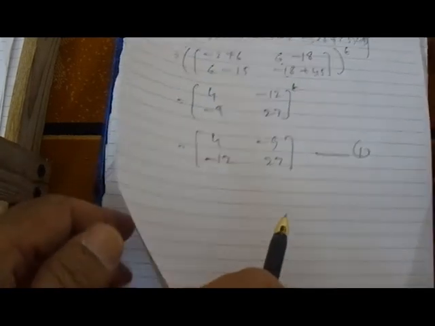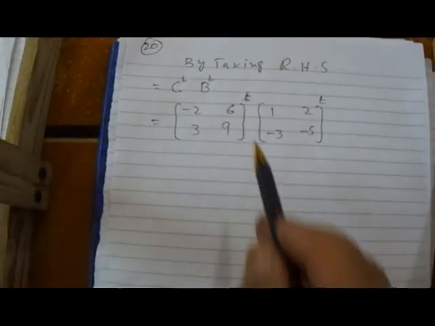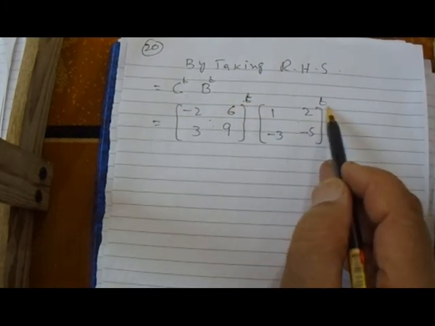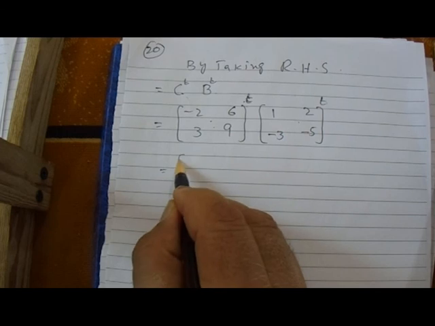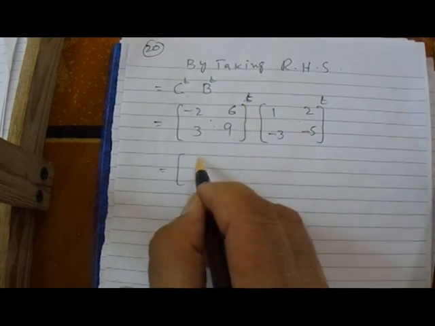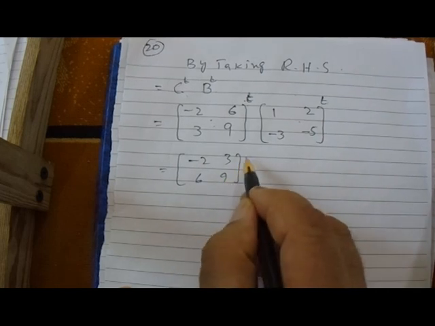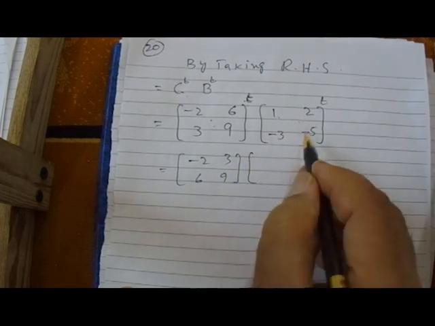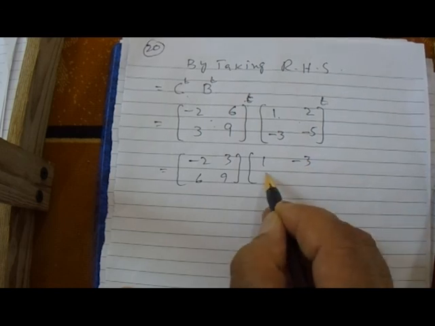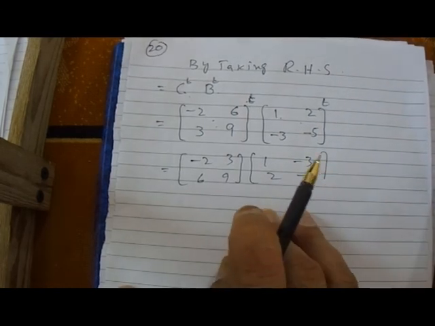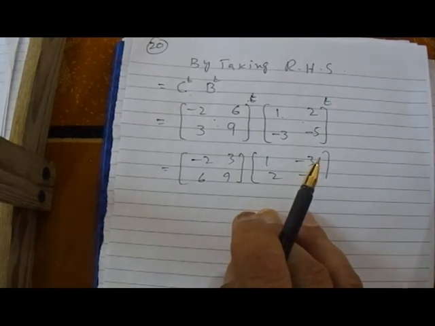Now we solve the second part of this, the right side part. This is our C^T, this is our B^T, and we multiply. First we take the transpose: minus 2, 3, and 6, 9. We have taken the transpose, and 1, minus 3, and 2, minus 5. Now we have written it in this form.